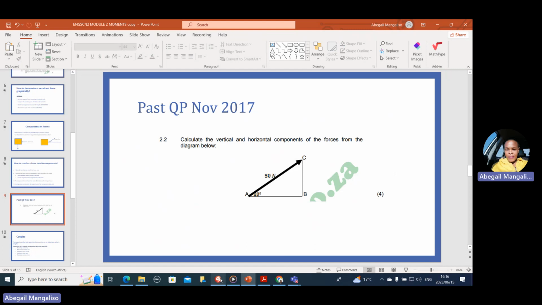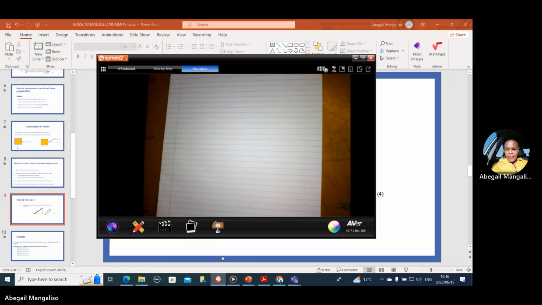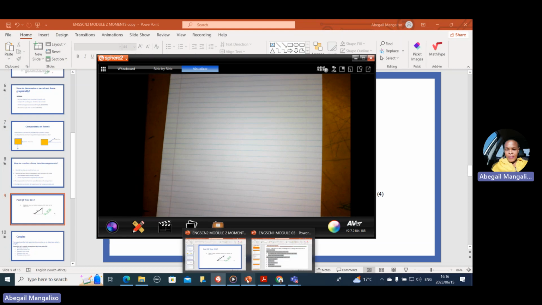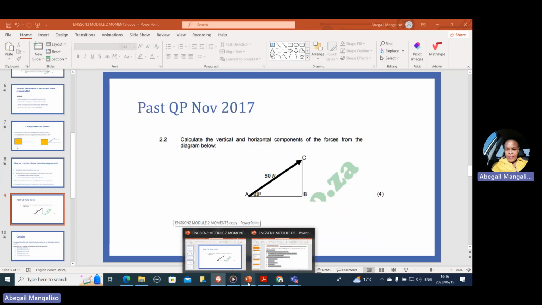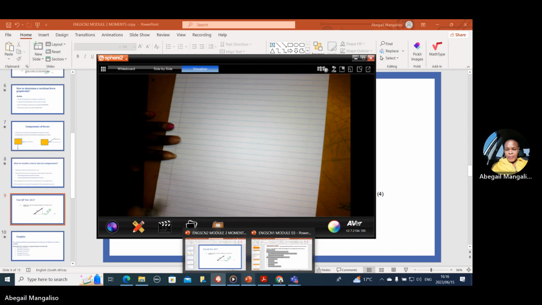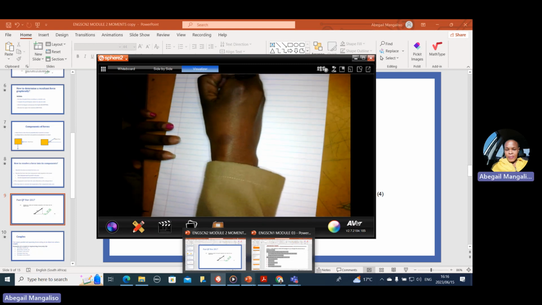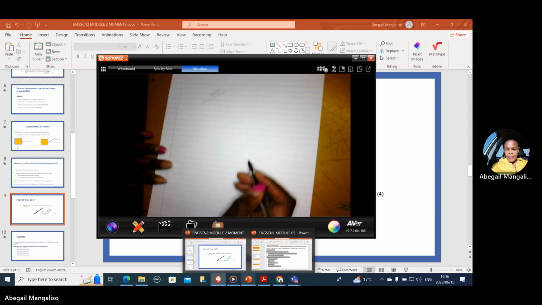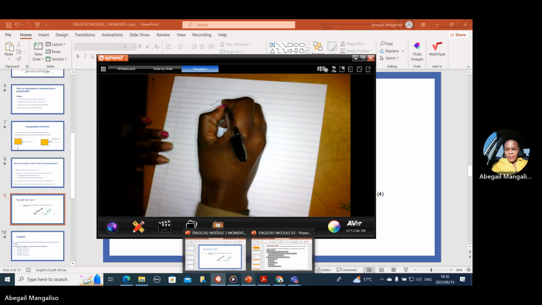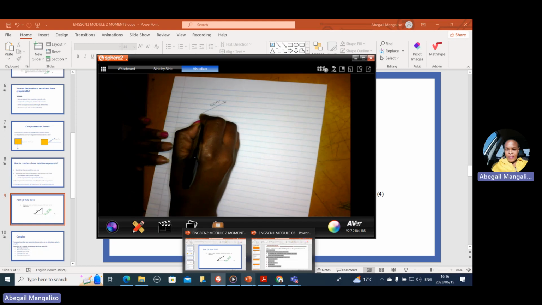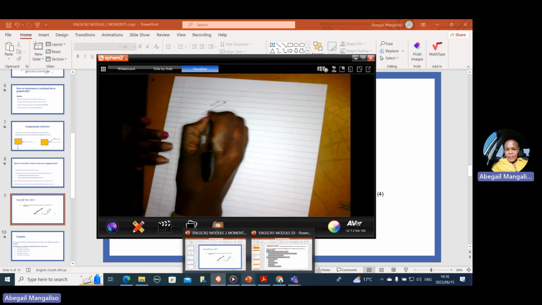Let's have a look at this. The magnitude of the force is 50 Newton, and the angle from the horizontal is 20 degrees.